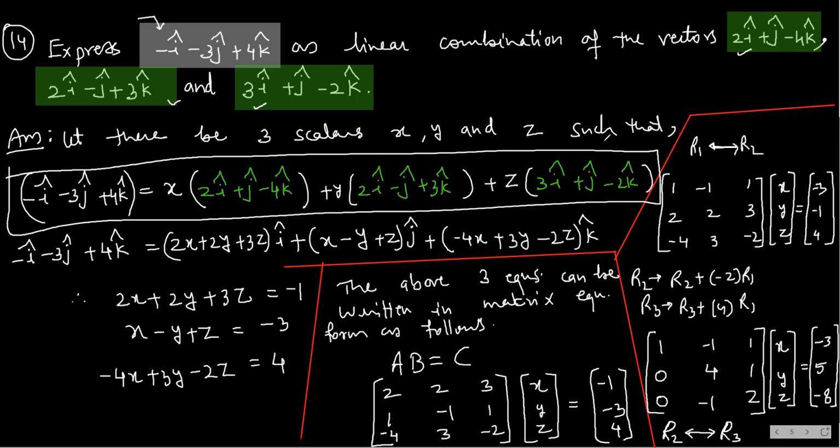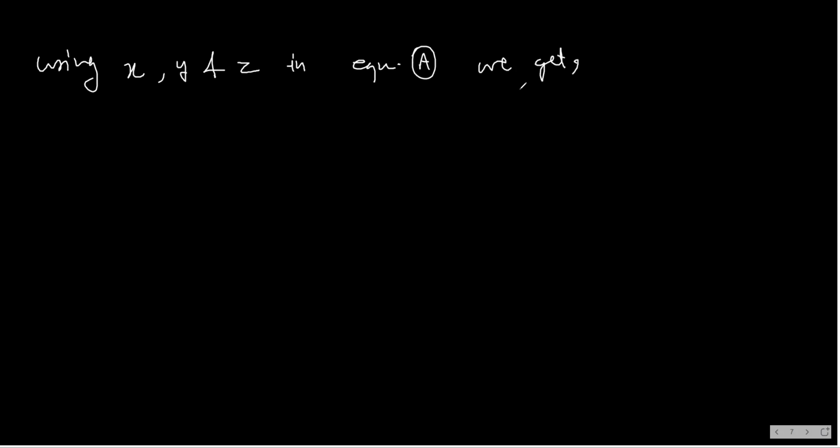This I can write as equation A. So using x, y, and z in equation A, we get... Now we have expressed the given vector as a linear combination of the other three vectors.